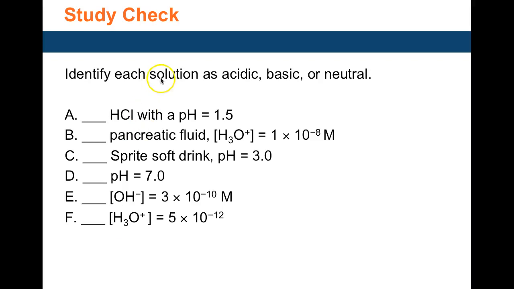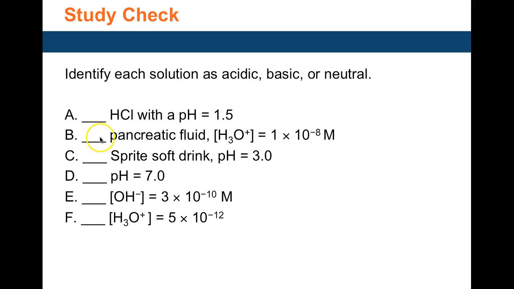All right, identify each solution as acidic, basic, or neutral. So HCl, pH 1.5, of course, acidic. Pancreatic fluid, H3O+ is 1 times 10 power negative 8. So this is a pH of 8. So it's obviously basic, or H3O+ is less than 1 times 10 power negative 7.